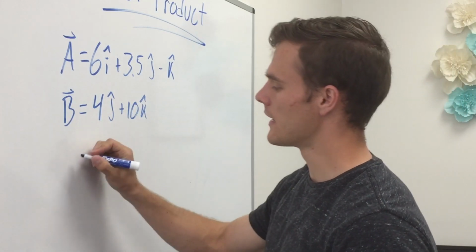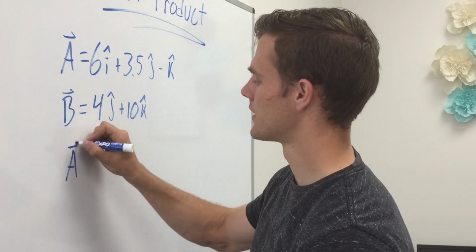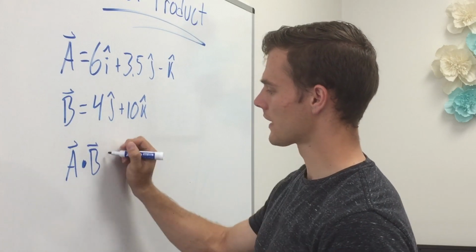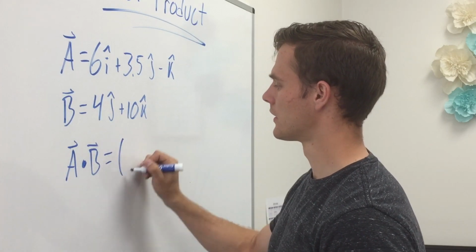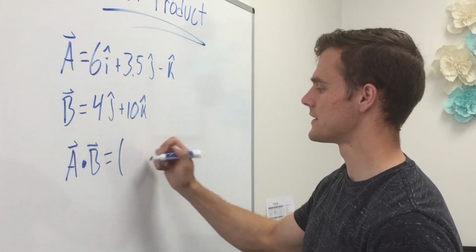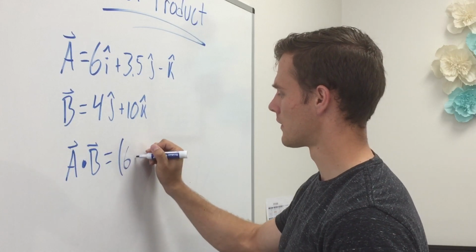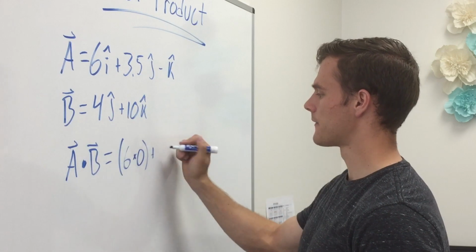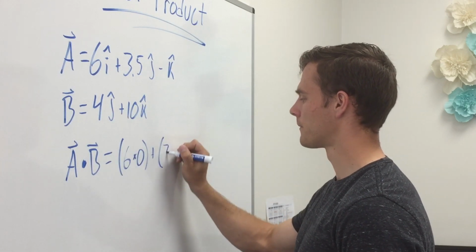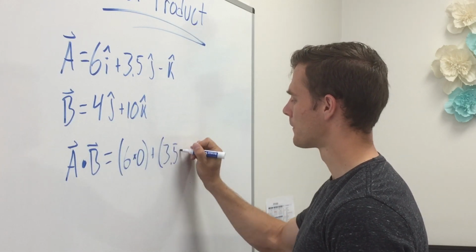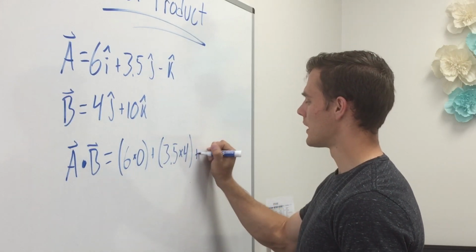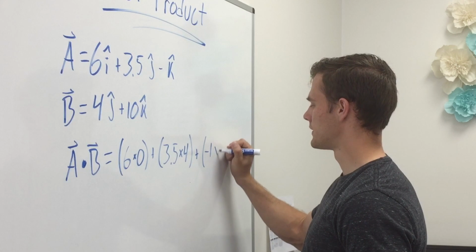And so if you want to take the dot product of those, a dot b is equal to 6 times 0 plus 3.5 times 4 plus negative 1 times 10.